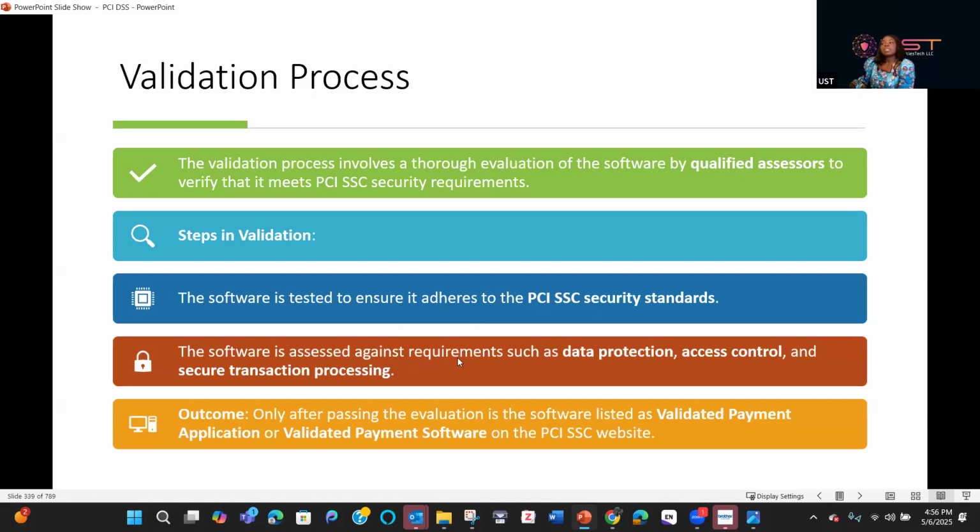The software is assessed against requirements such as data protection, access control, secure transaction processes, to name a few. And what's the outcome? Only after passing the validation is the software listed as validated payment application or validated payment software on the PCI SSC website. Do you see?